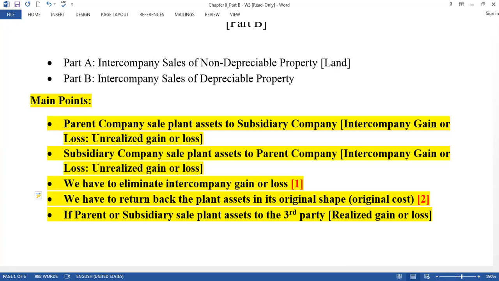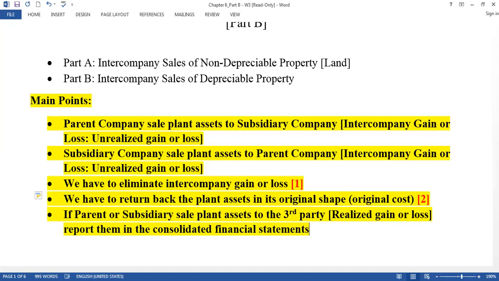This realized gain or loss we cannot eliminate, but we report it in the consolidated financial statements.